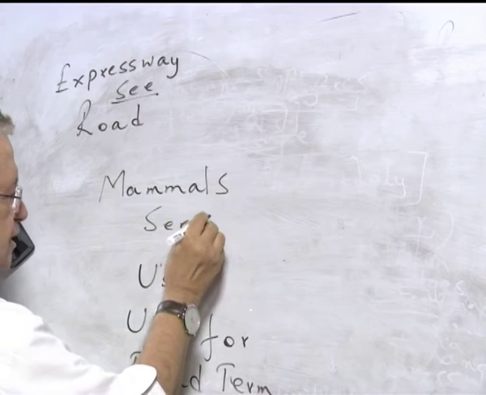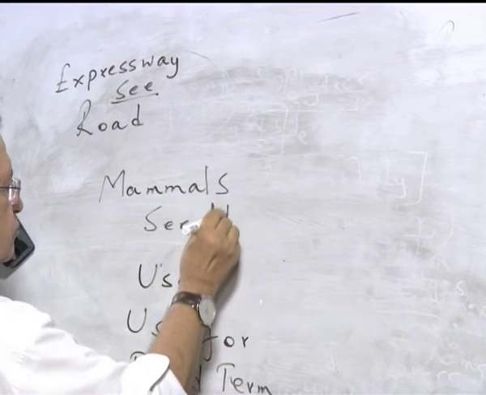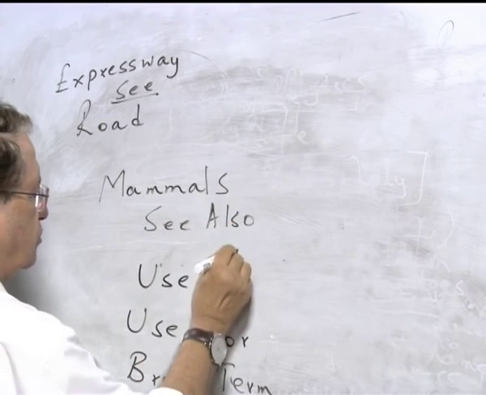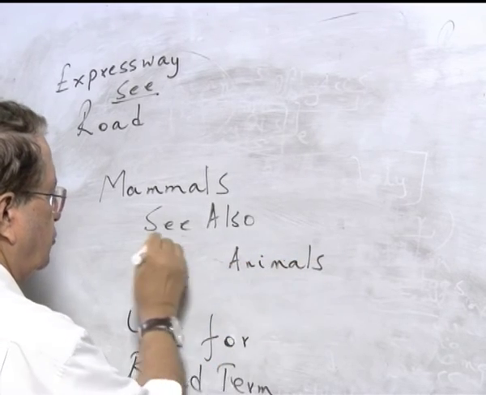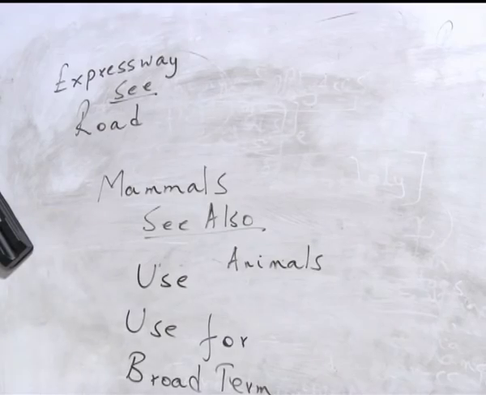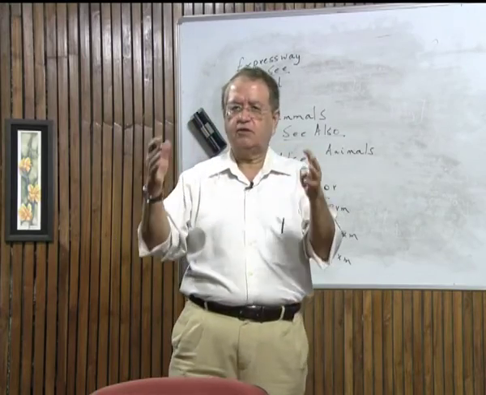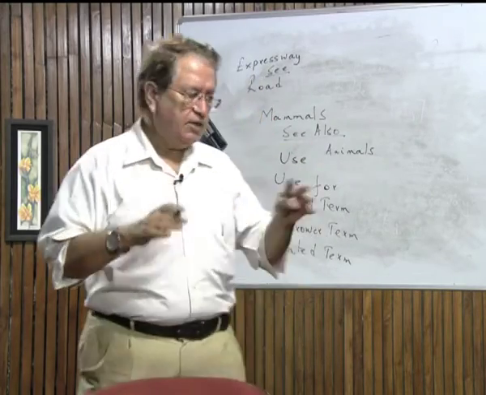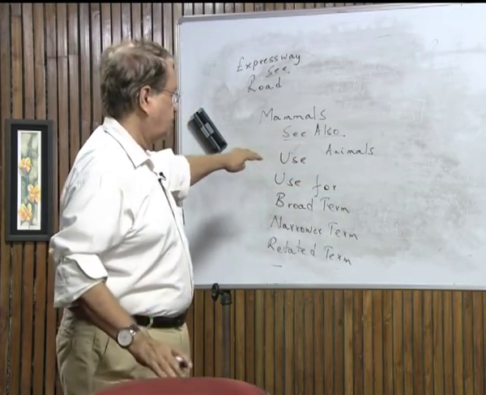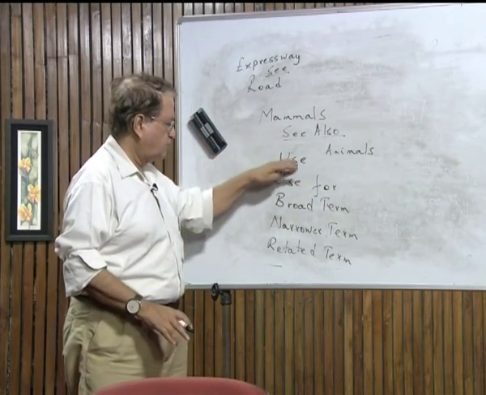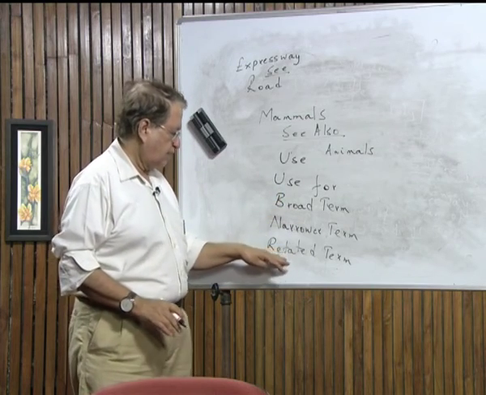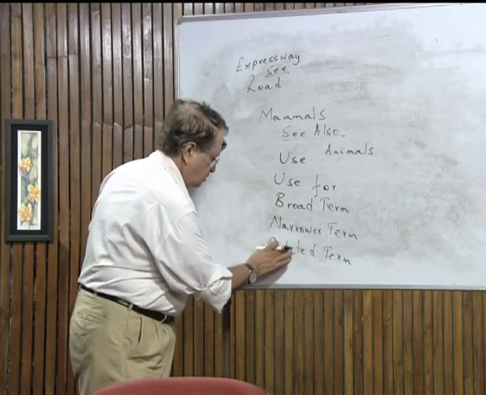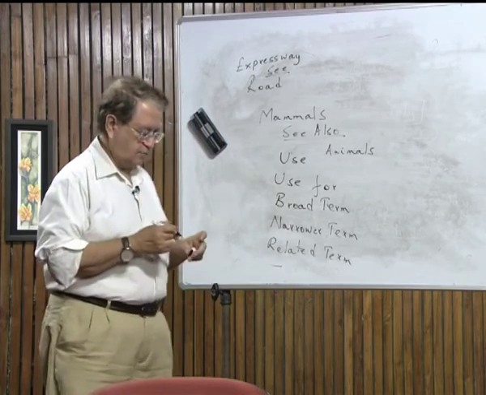If we want to relate other material, we can say See also animals. So, that way we try to build up an organization of the terms that we have, so that their relationships are displayed by the use of these things, use for, broader term, narrower term, and related term.